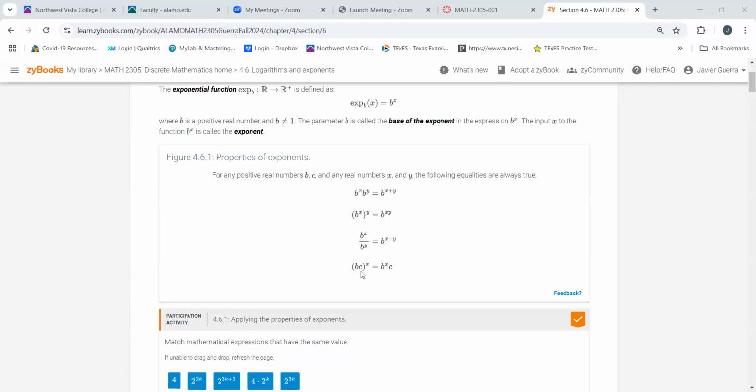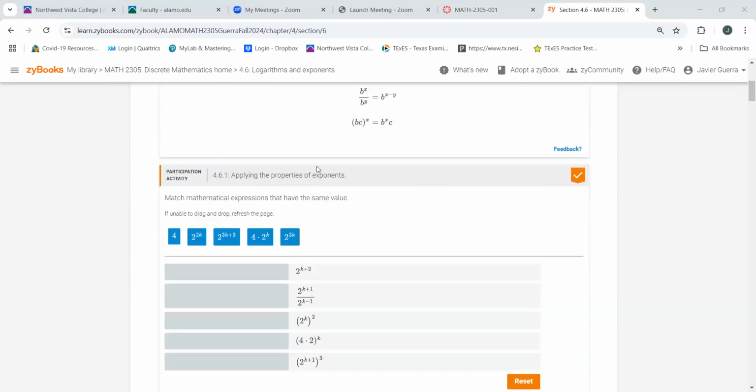And if we have a variable base and a constant raised to the x, it's b to the x times the constant to the x. So these are the properties that we have used in college algebra and pre-cal, and we apply them again just to review.